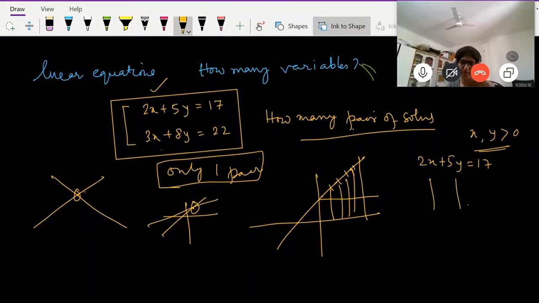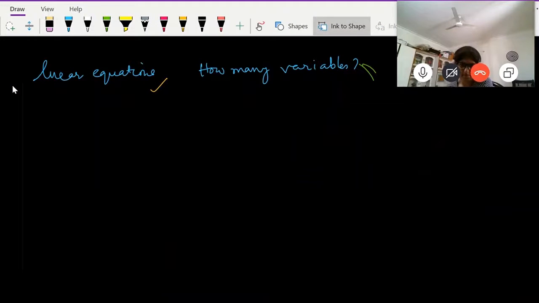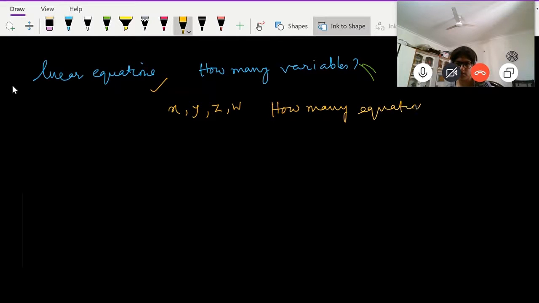Now, if I have four variables, x, y, z, and w, how many equations do I need to have one unique pair of solution? How many variables are there?